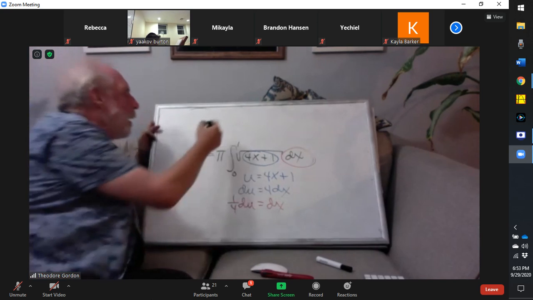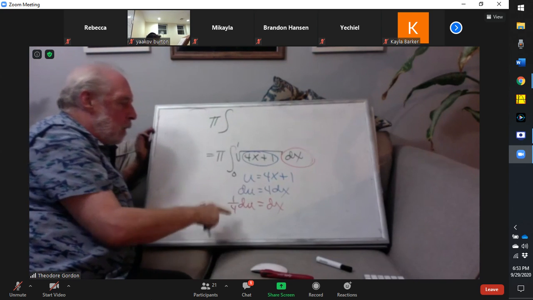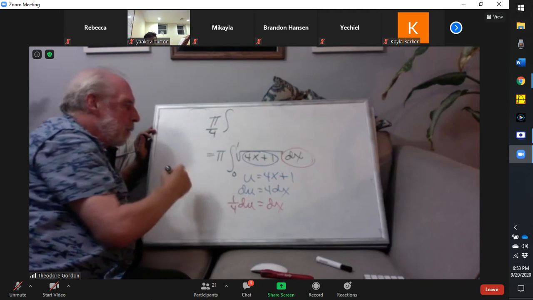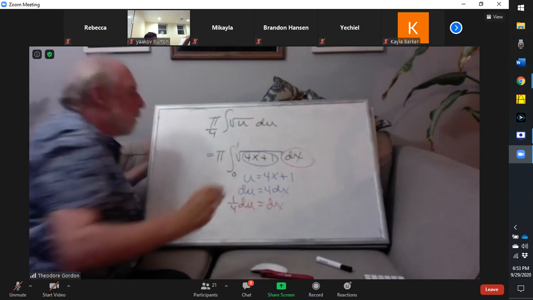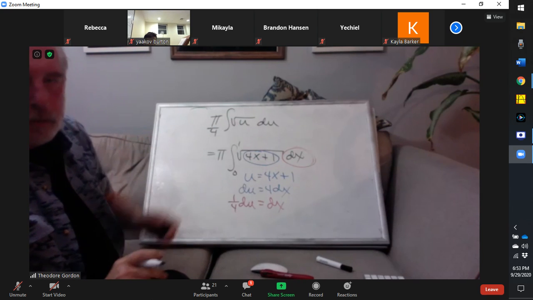So we have pi, integral. This 1/4 is a constant, so it can come out front, and that leaves us with the square root of u du. Because all of this is u, so it goes right under there.